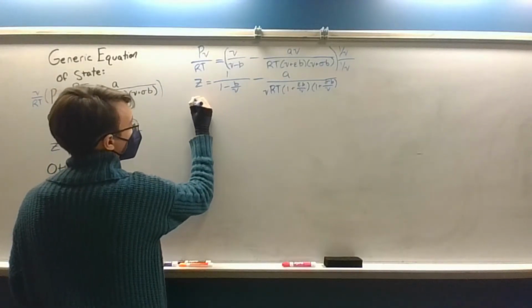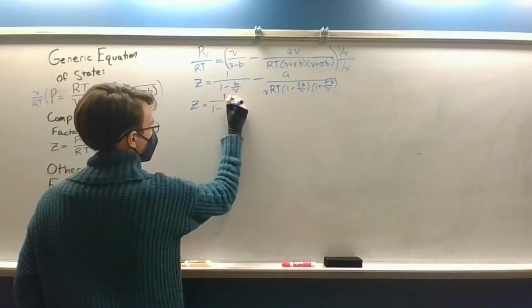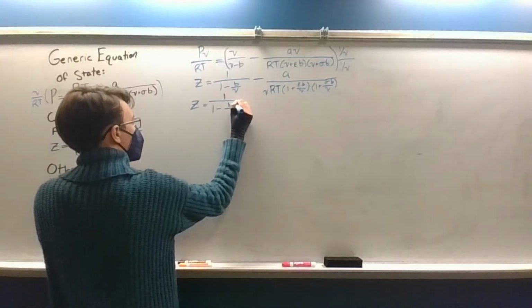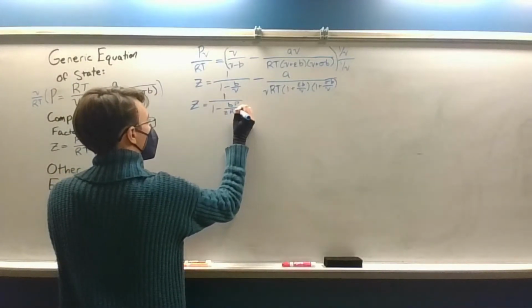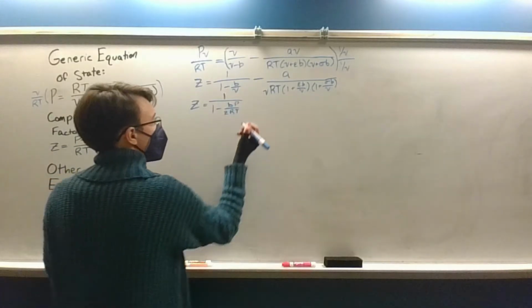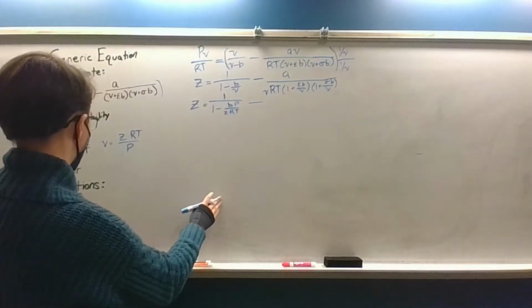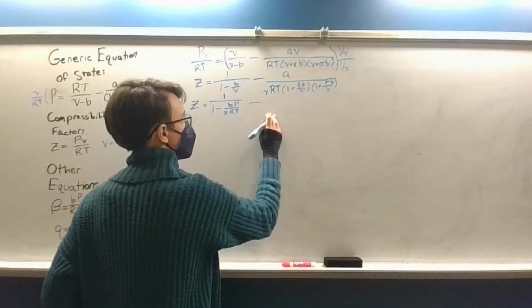So we're going to get Z is equal to 1 over 1 minus b over, there's a v, so we're going to have P up top, and then Z times gas constant times temperature, and then minus, here I'm going to separate out these two terms to make it easier to see.